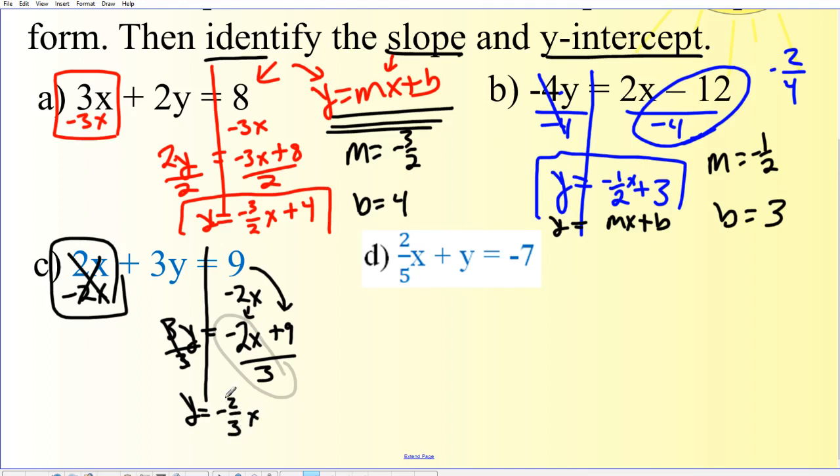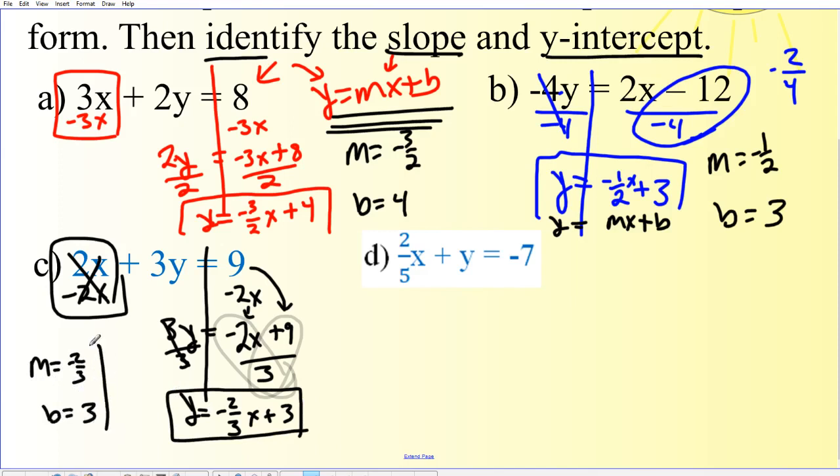That's now my slope. And then on the other side, 9 divided by 3 is 3. So there is my equation. It then says find the slope and intercept. So slope is negative 2/3. Intercept is 3.